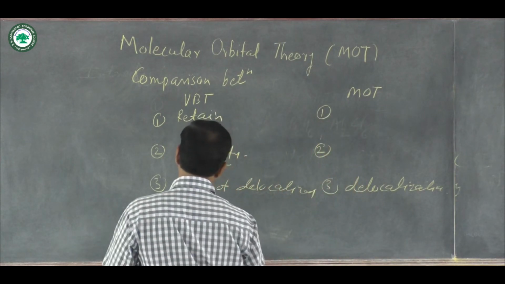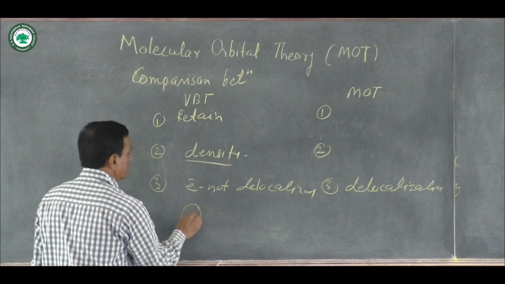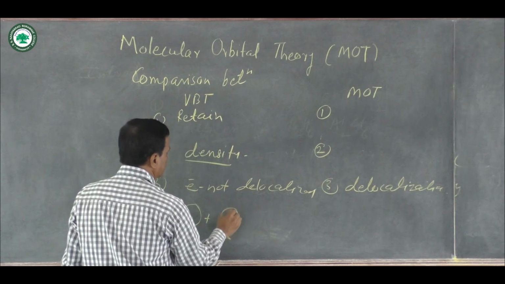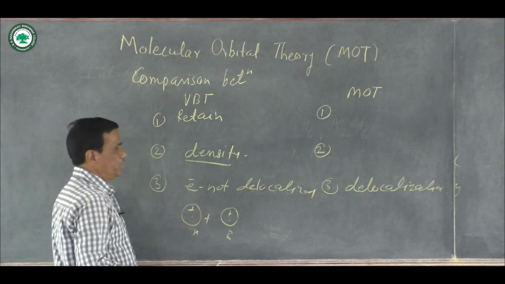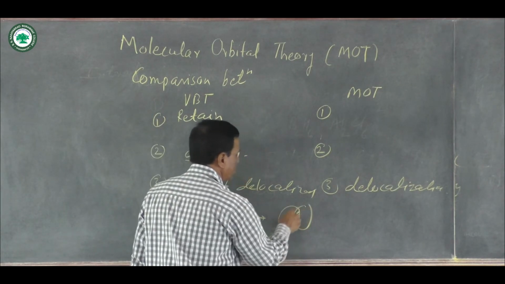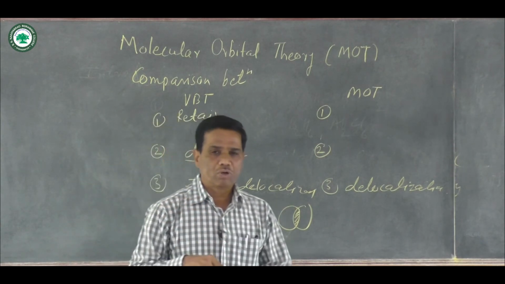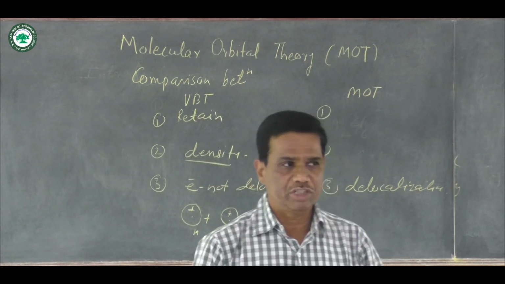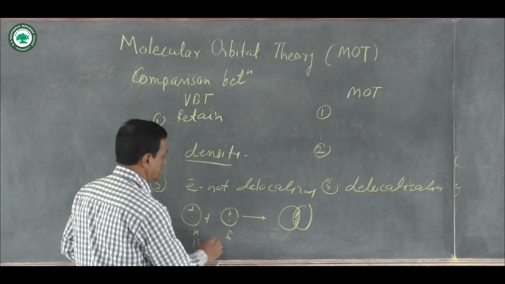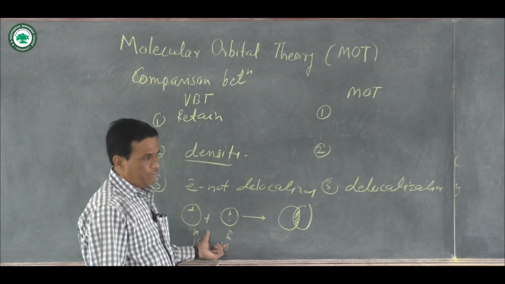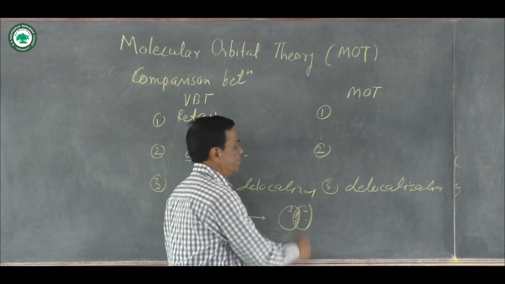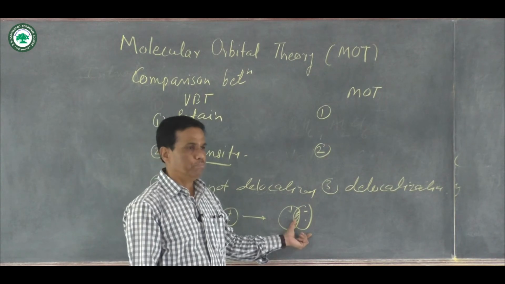Example for VBT formation: suppose atom A combines with atom B, and these are the atomic orbitals. There is a formation of a molecule, and that common region is there, and they maintain their spherical shape. You know that this is a 1s orbital, and this is a second 1s orbital. S orbitals are all over positive and spherical in shape, their shapes are maintained, and there is a formation of a molecule.